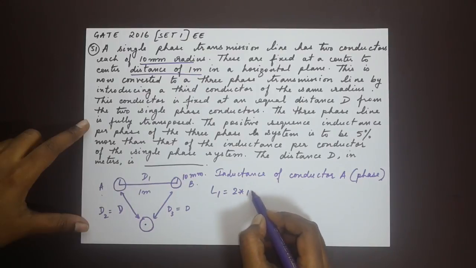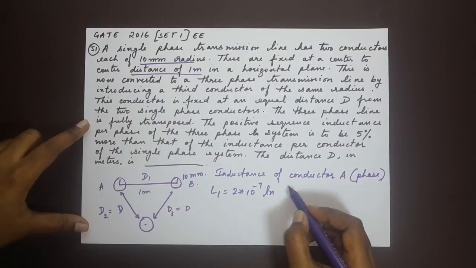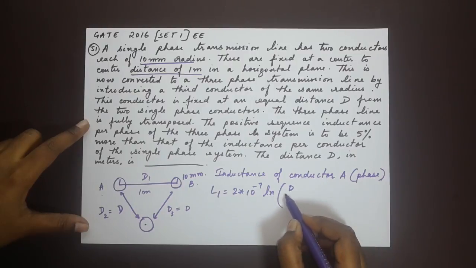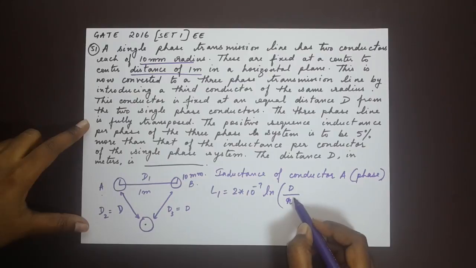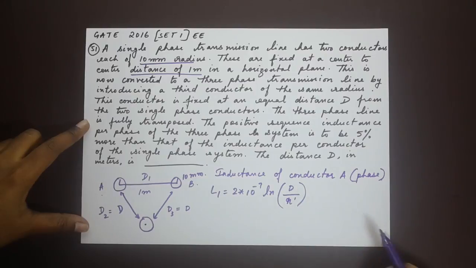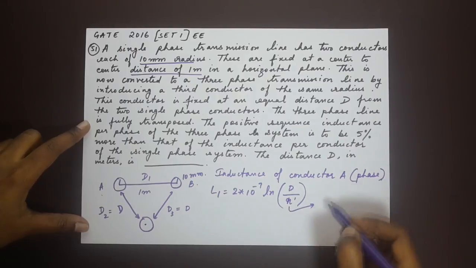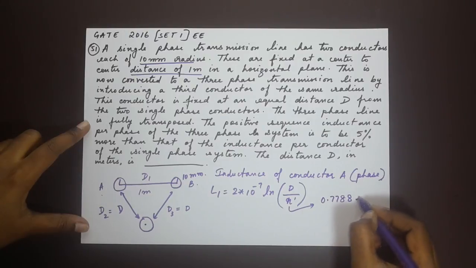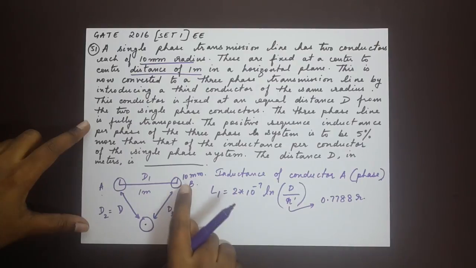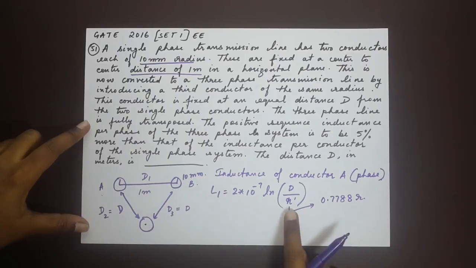That's 2 into 10 power minus 7 ln of d by r dash. R dash is the geometric mean radius of the conductor, and geometric mean radius is given as 0.7788 r. R is the radius that is given to us, and r dash is the geometric mean radius. So let's substitute the value for d here.